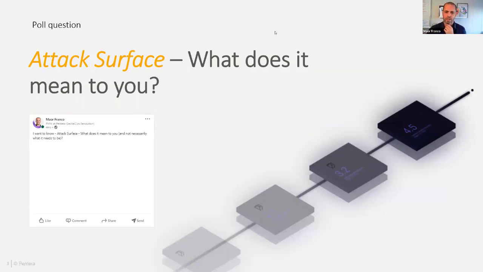I already had this same exact poll question on LinkedIn, and I want to share with you the results of that as well, about what it means to you when you think attack surface, because this will be a fundamental element as we go through the webinar today of understanding how we can identify the exploitable attack surface. I already see you're filling those up, whether it's anything publicly exposed, internal assets, option 1 or 2, or everything.